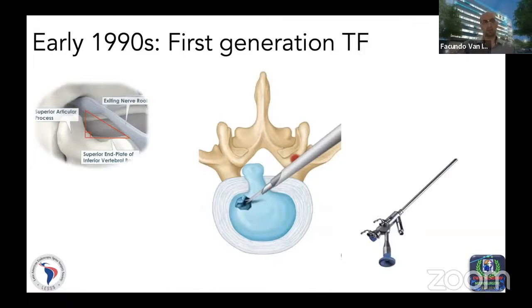That's the really famous Kambin's triangle. The idea of the first generation of endoscopic spine surgery was to take advantage of that anatomical window to access the foraminal and intracanal disc herniations.